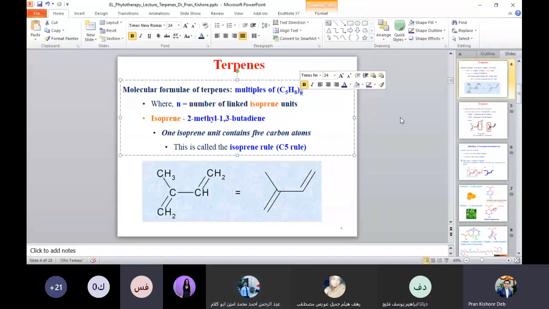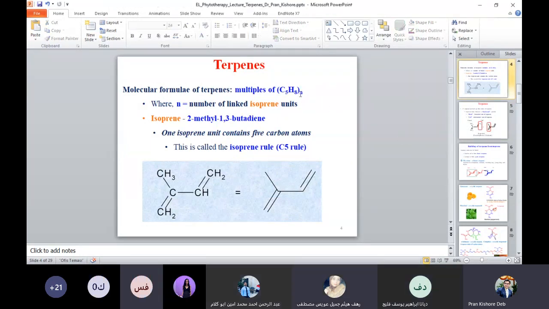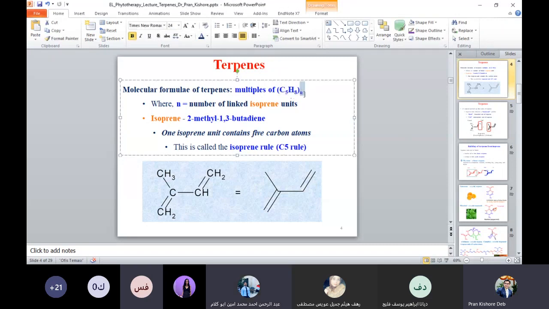And sesquiterpene? 3. Sesqui means 3. So now you understand the concept of N. You must remember this molecular formula because you can get a question like which of the following formulas represents the isoprene unit.